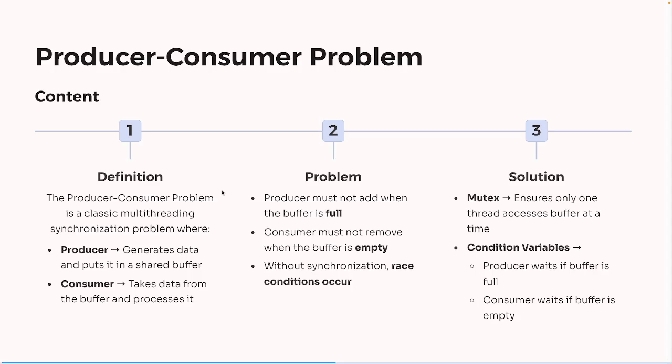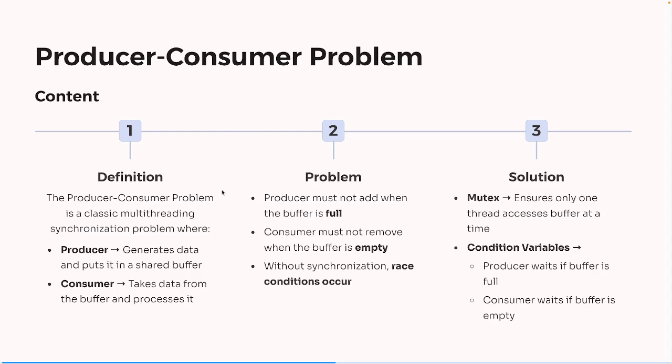The producer must not add when the buffer is full, and the consumer must not remove when the buffer is empty. Without synchronization, race conditions can occur, like the consumer trying to get something even if the buffer is empty, or the producer trying to put something if the buffer is full. In those scenarios, a race condition will occur.